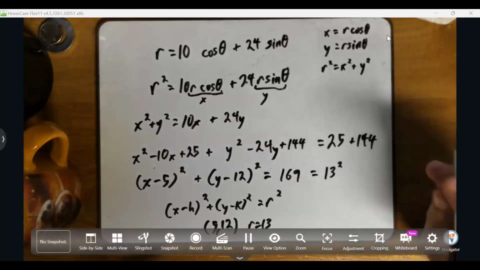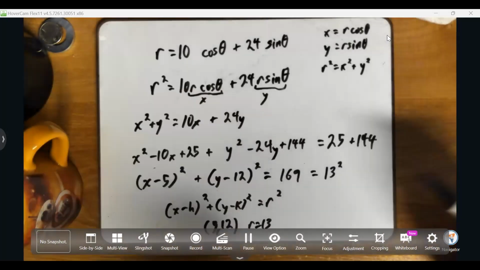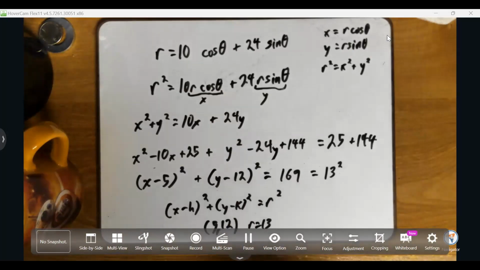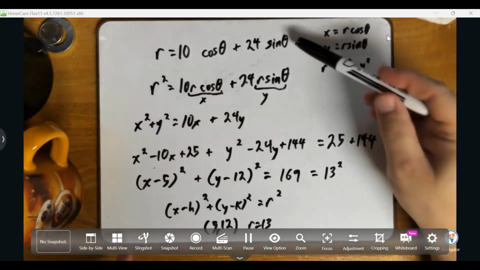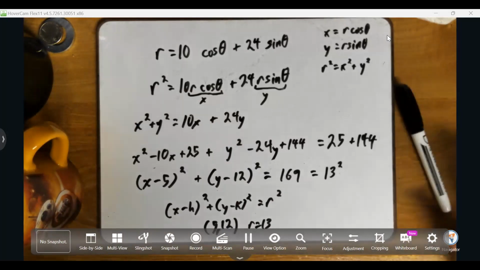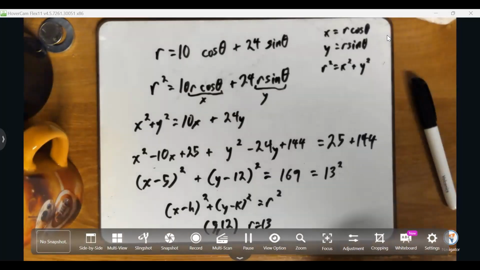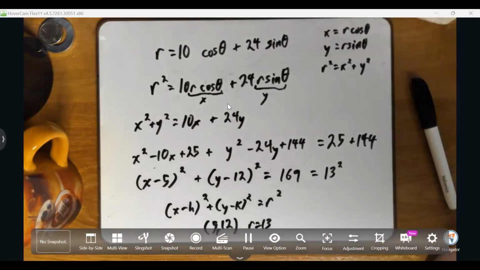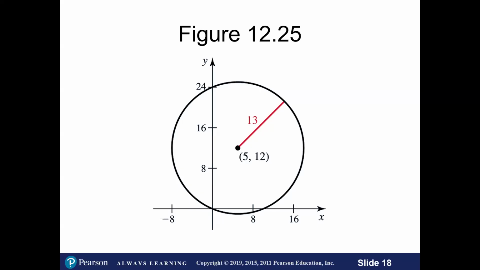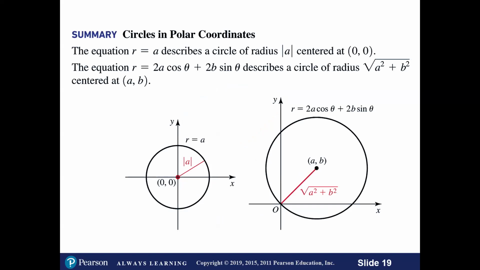So if I wanted to describe this circle, I could do so with r equals 10 cos theta plus 24 sine theta. We just did a little bit of algebra, and we can see that that gives us a circle of radius 13 with center 5, 12.